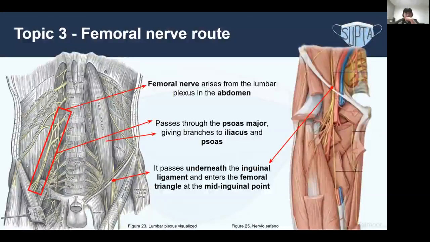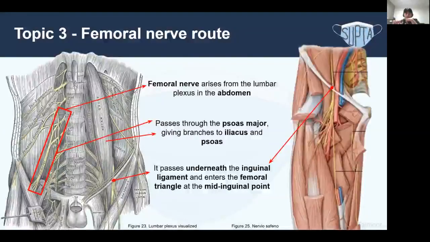As it travels through these muscles, meaning through the muscle fibers, it passes underneath the inguinal ligament and enters that femoral triangle that we talked about at the mid-inguinal point, which is the relevance of that mid-inguinal point. So when we talk about the mid-inguinal point, we're talking about the femoral nerve and where it passes through to enter the femoral triangle.